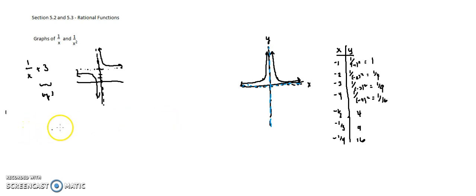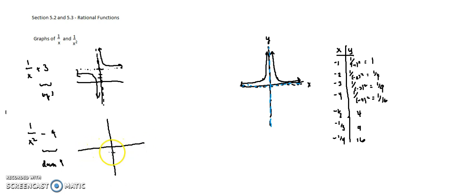Now we can do the same exact thing for 1 over x squared. So we could have 1 over x squared, let's say minus 4. We know what 1 over x squared looks like now, and the minus 4 is outside that function. Remember, outside the function moves us up or down, and it's what you would expect. So this is going to move us down 4. So again, we move the asymptote down 4, 2, 3, 4.